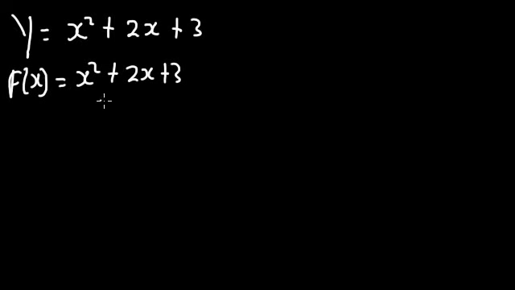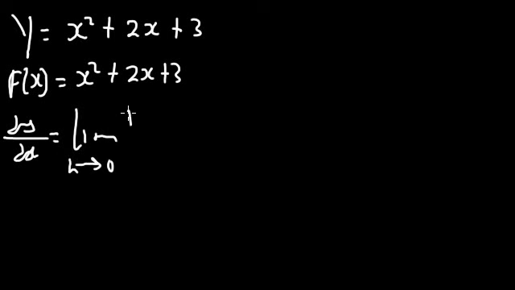Okay, and from the definition, let me just keep on writing it so you can also get used to it. So from the definition of derivative from first principle, dy/dx equals the limit as h approaches 0 of f of x plus h minus f of x all divided by h.